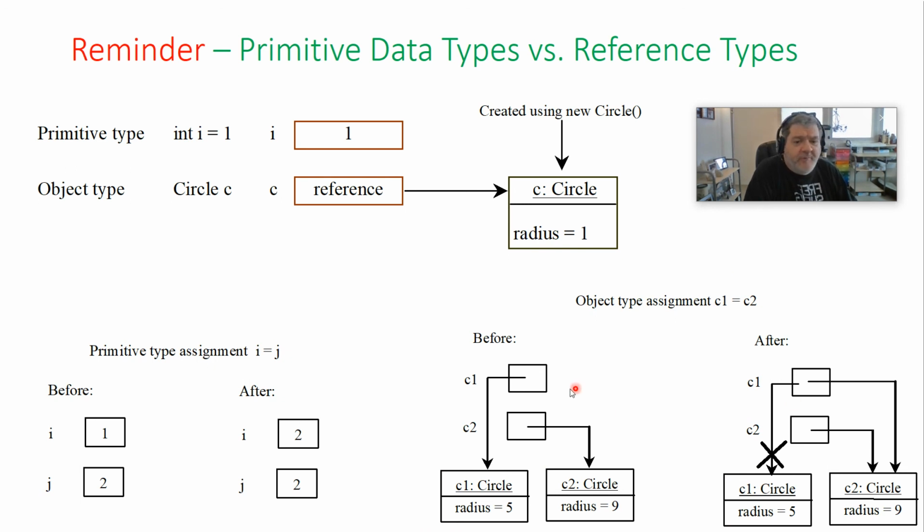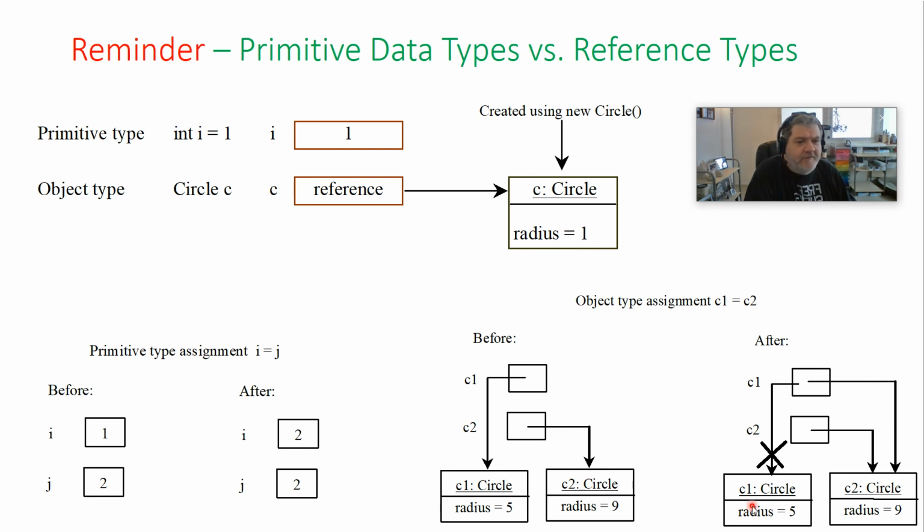Okay, what I copy again is the value. So I'm assigning C2 here to C1. So I copy the value that is here inside the reference variable C2 into C1, which means that both C1 and C2 now have the same value inside of them, which means they both reference the same object.